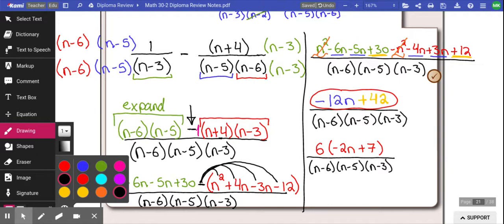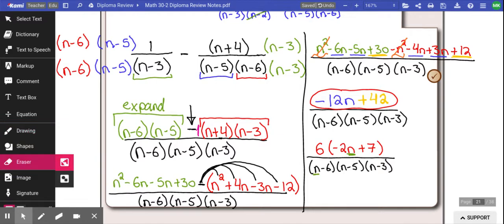And I know I'm done the question when I can't cancel anymore. When you're canceling or simplifying or reducing, all the same thing, you can only cancel binomials with binomials, right? Packages with entire packages. So for instance, I do see that there's an n here and there's an n here, but they cannot cancel each other out because those n's are both attached to different packages.